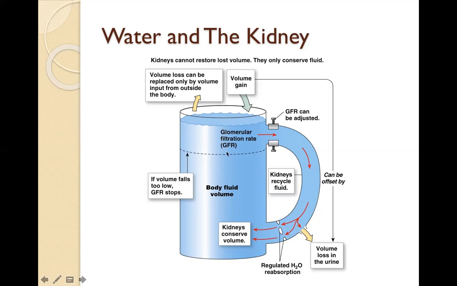And that will help you conserve some of the water, but it also inhibits your ability to get rid of any toxins in the blood, and your ability to remain in a homeostatic balance of all the solutes in your blood. So it's extremely important that the volume that you lose is replaced from the external environment. And so the main point of this diagram is that the kidneys cannot restore lost volume. They can only conserve the fluid that you have.